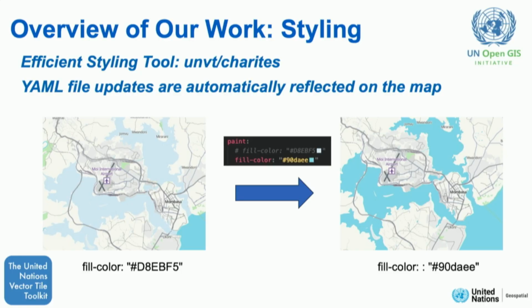Thanks to this feature, we can see the style changes instantly without refreshing the map again and again. When we adjust layer colors or road widths or some other things, this feature can speed up our workflow.